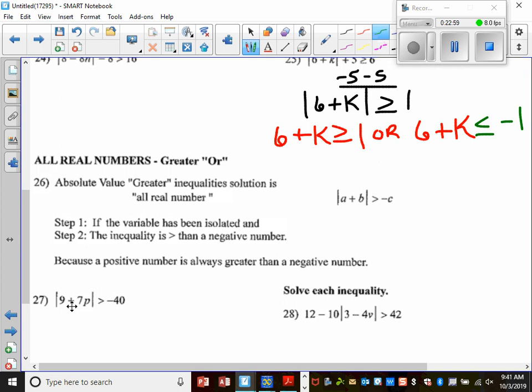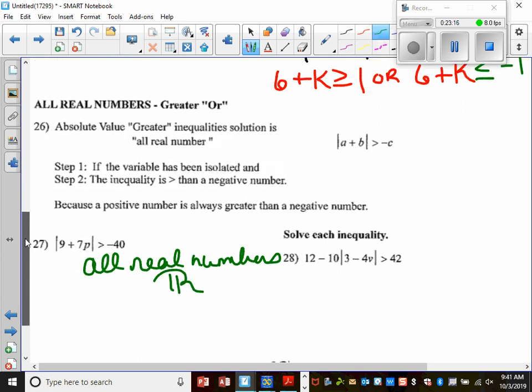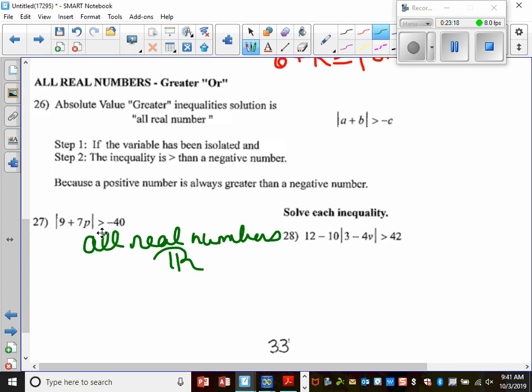This says absolute value of 9 plus 7p is greater than -40. You simply write all real numbers. Okay, or you can do the real number symbol. So if it's greater than a negative number, because all positive numbers will be greater than a negative number, that's why you're going to have all real numbers.